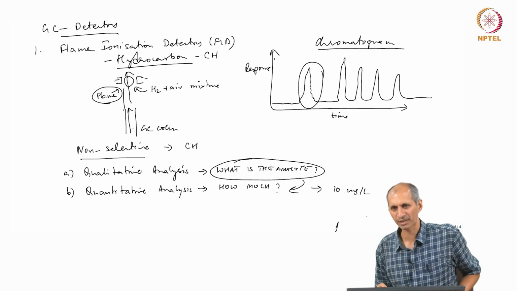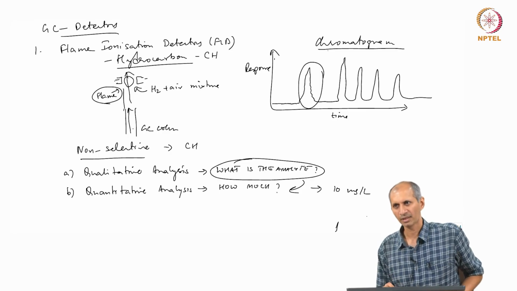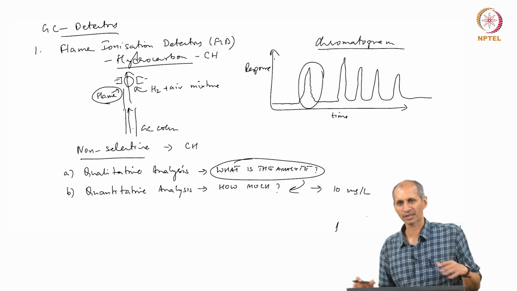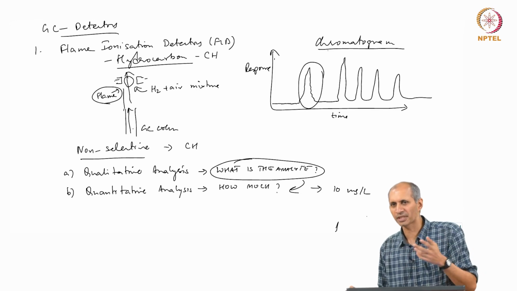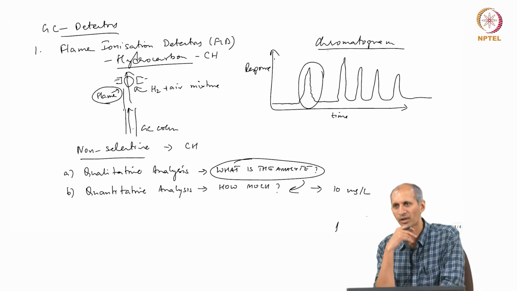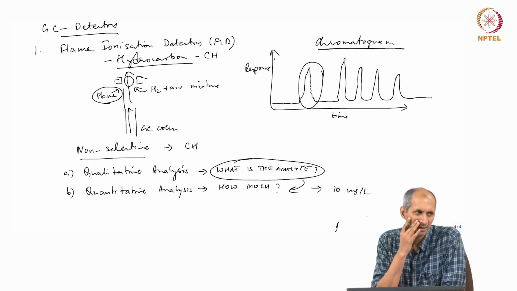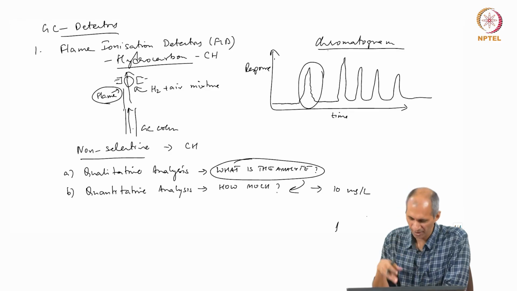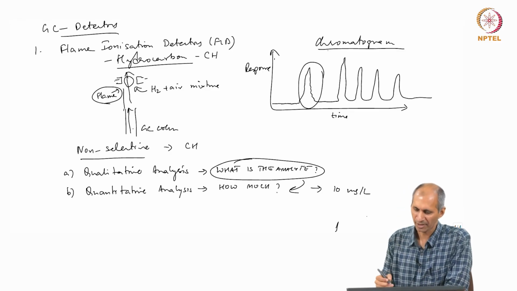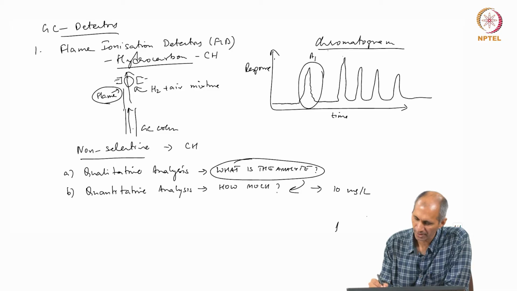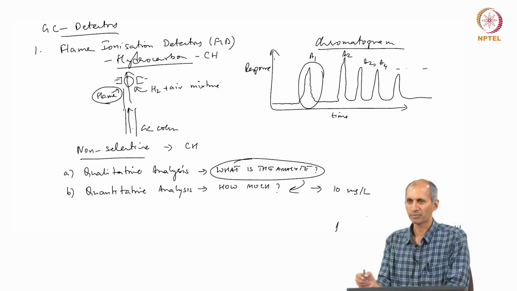I can do calibration for general hydrocarbons, but all hydrocarbons may not give me the same calibration chart. So, that is the problem. Calibration has to be done very specifically for one compound, which means I need to know what the compound is. If there are different analytes here, A1, A2, A3, A4 and so on, I do not know which peak is what.